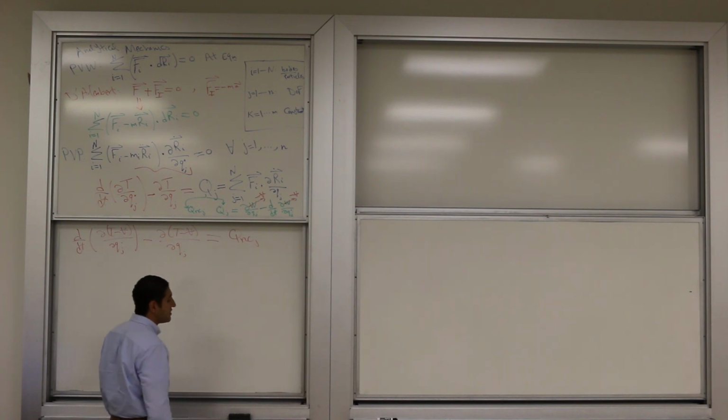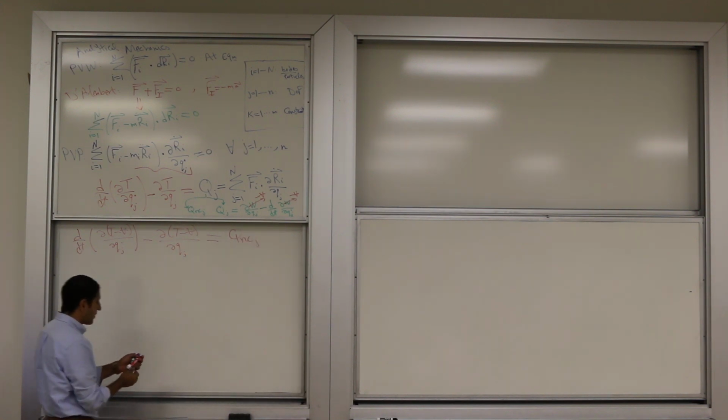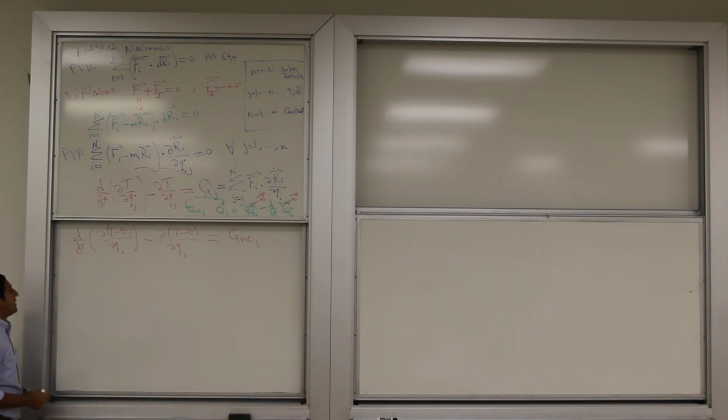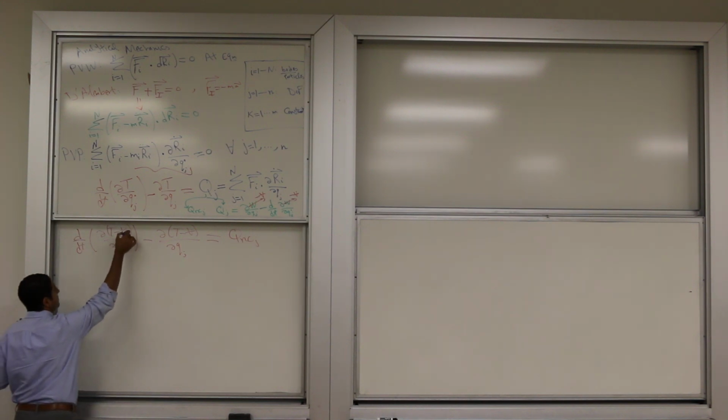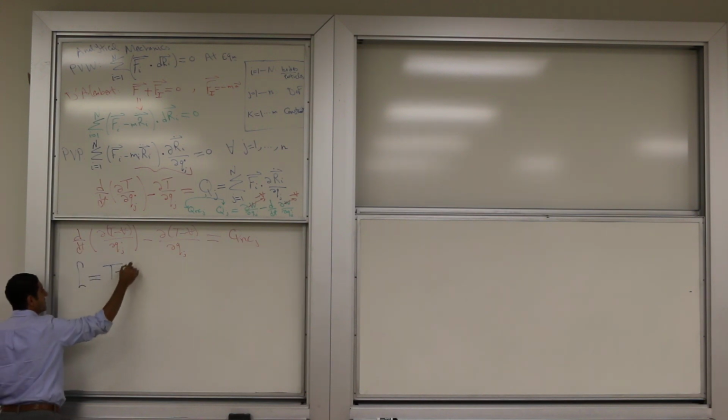So if you don't have any non-conservative force, the right-hand side will be 0. And since we have T minus V all over the place, we're going to give it a name. And the name, as you may imagine, is simply the Lagrangian function. It's T minus V.